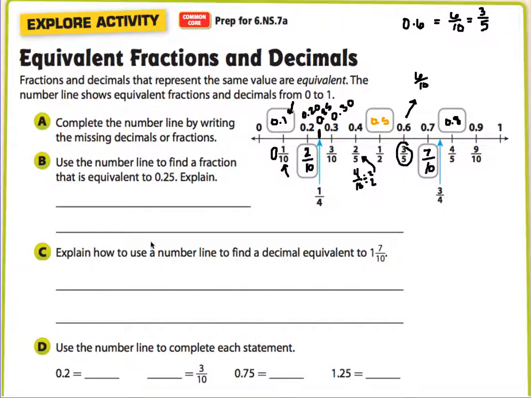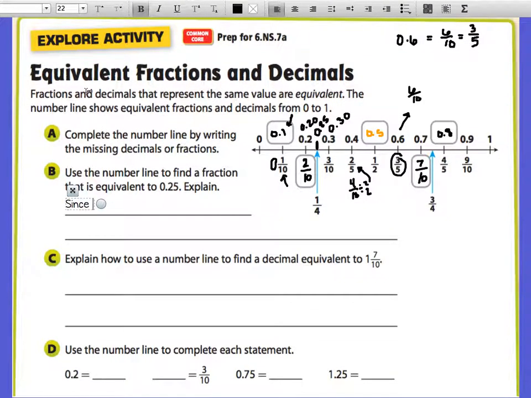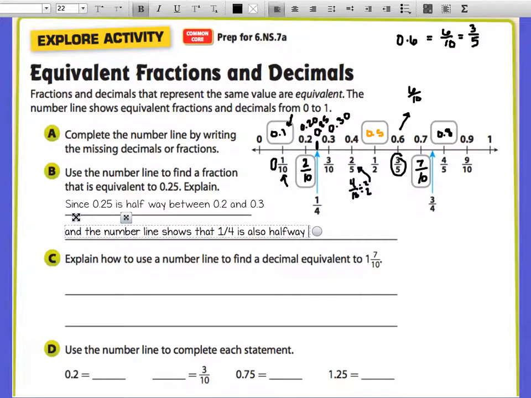So for our explanation: since 0 and 25 hundredths is halfway between 2 tenths and 3 tenths, and the number line shows that 1/4 is also halfway between those numbers, we can conclude that they are equivalent.